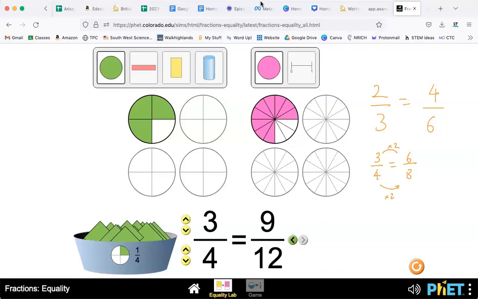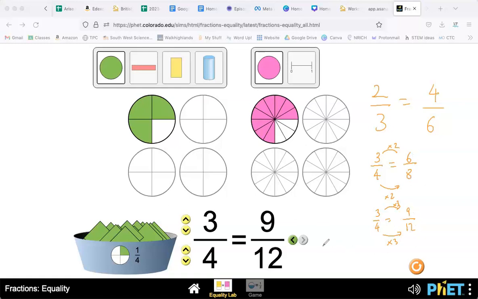If we take our 3/4 and this time we multiply it by 3, we get 9, 4 times 3, 12. So 3/4 is equivalent to 6/8 and it's equivalent to 9/12.